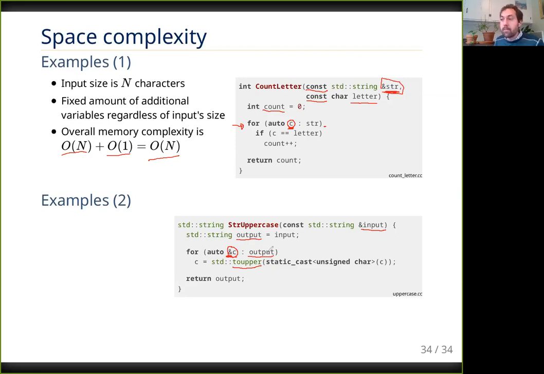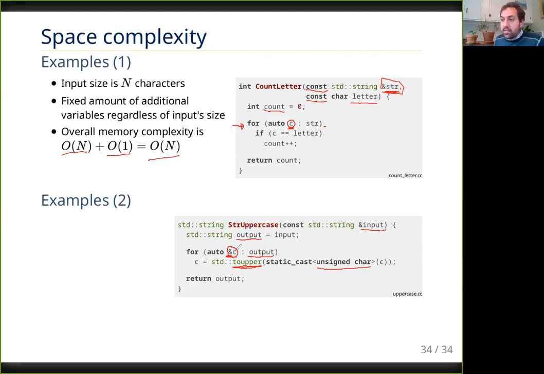So that's one thing. The other thing that I want to mention is that this function toupper necessarily expects an unsigned char as an input. Otherwise, the documentation tells us that the behavior of the function might be undefined, which is a bad thing.